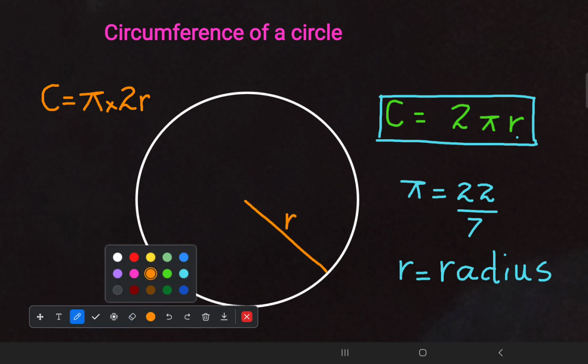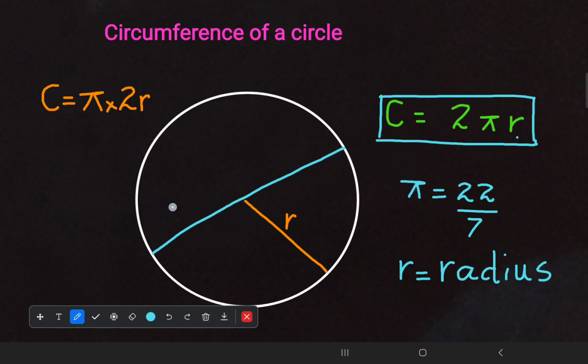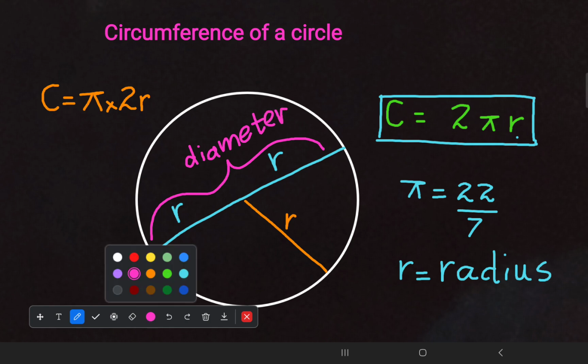When you think about 2r, here there is an r, here there is another r. Both together we can express as the diameter of the circle. When you add 2 radii together, that will give you the diameter. So 2r is equal to the diameter.